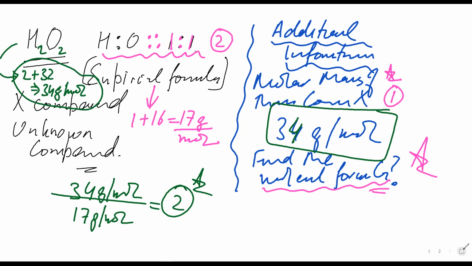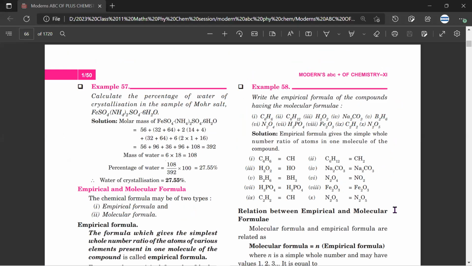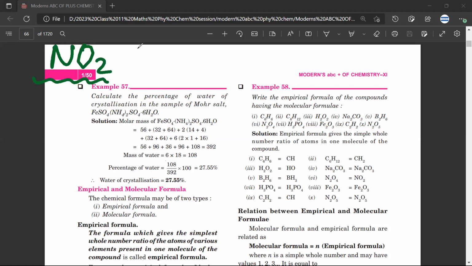Let me take another example. So, for example, the empirical formula that is given to me that I am able to derive is NO2. This is the empirical formula.